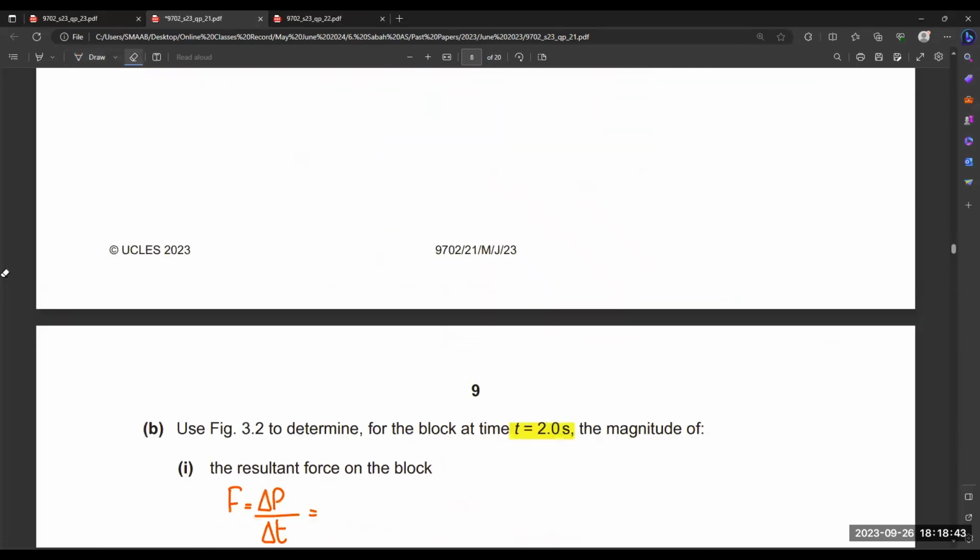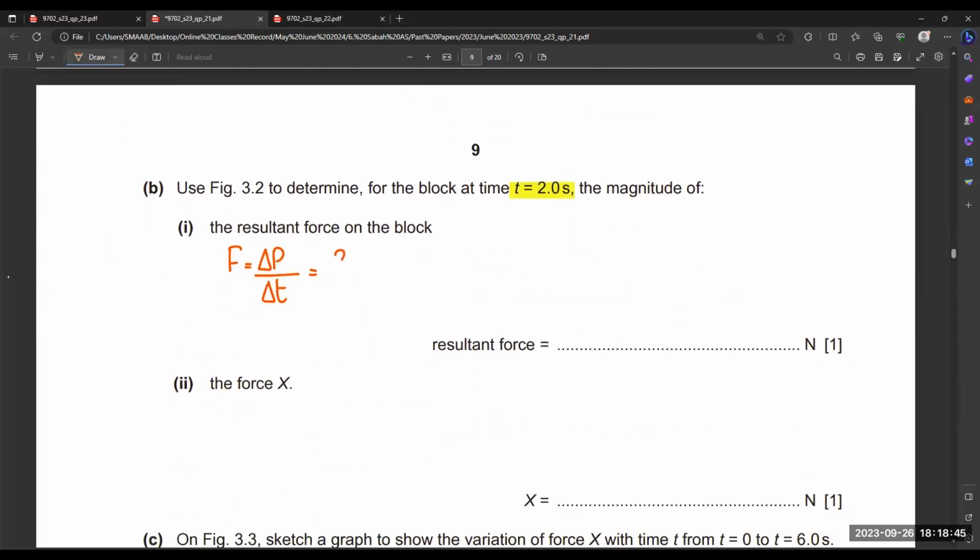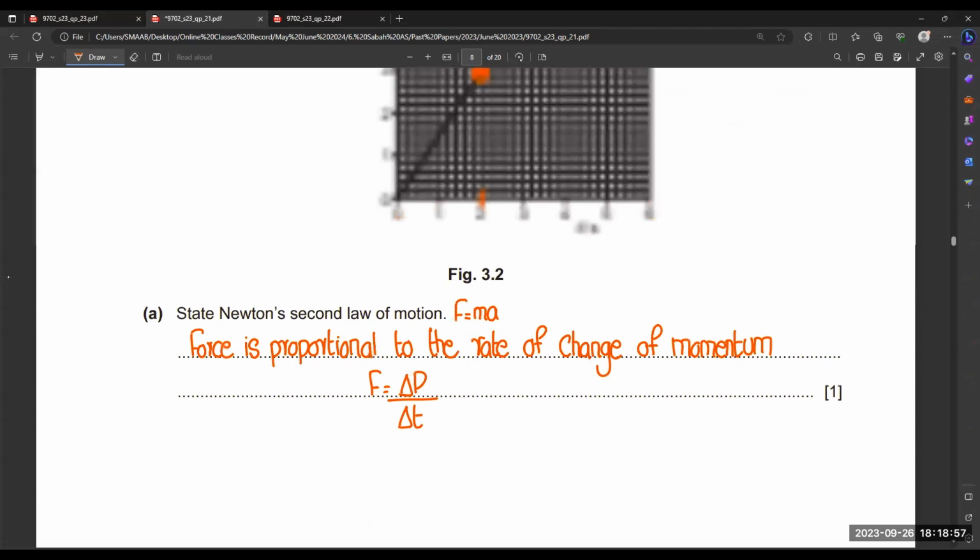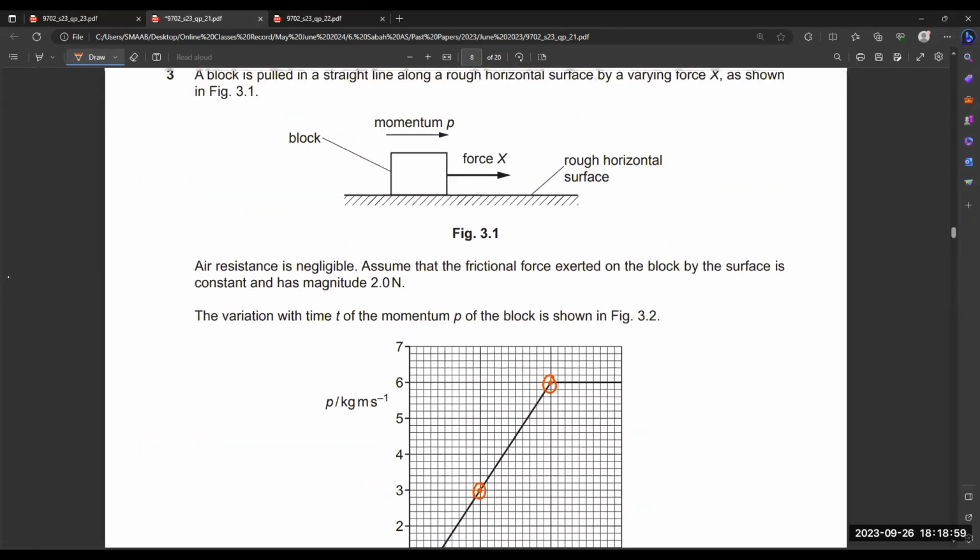So it is 1.5. And then the second part of the question is asking us to find the force X. So the force X is the force being applied. We have to add the resultant force to the frictional force.